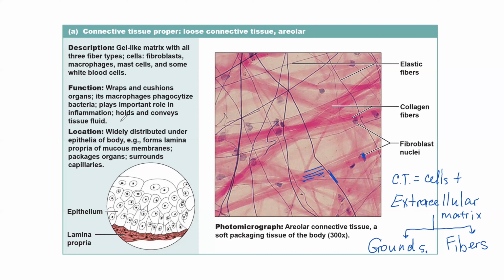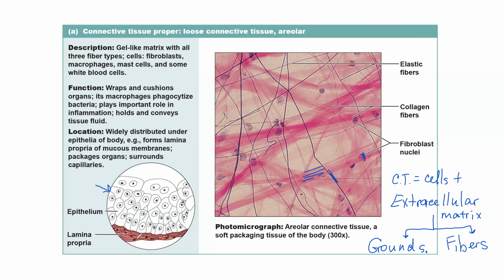Now you have your skin, right? Your skin is made of two tissue types, epithelial and connective. So the most superficial part of your skin is epithelial tissue, but underlying it you have areolar connective tissue. It also forms the lamina propria in mucous membranes. In the picture shown here on the bottom, you have epithelium, and then you have lamina propria.